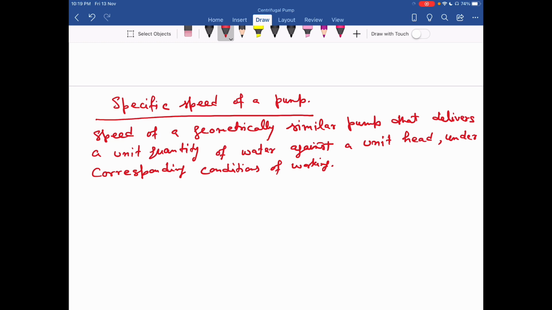So here we have the unit discharge against the unit head. That is the specific speed of a pump.